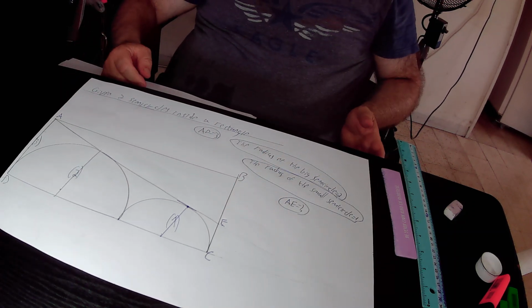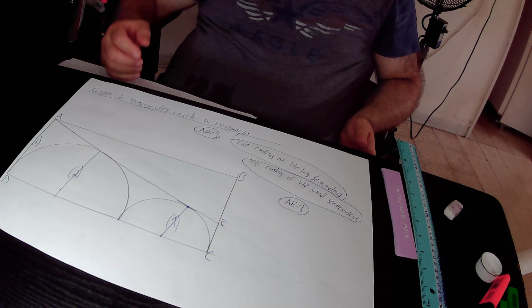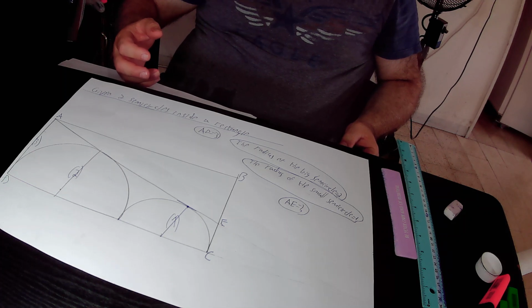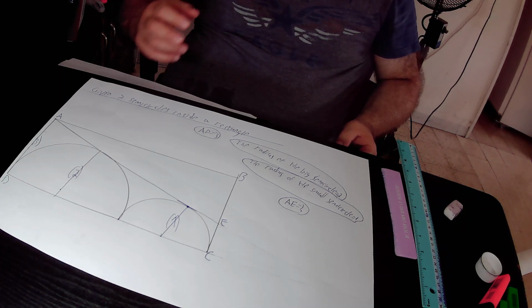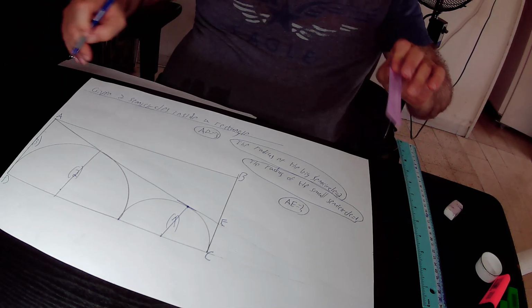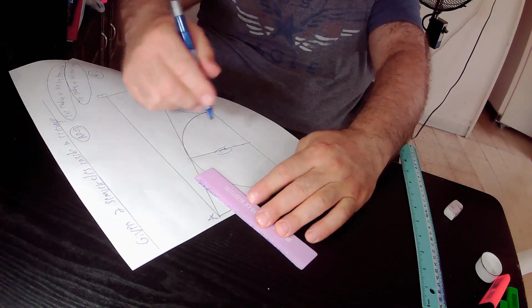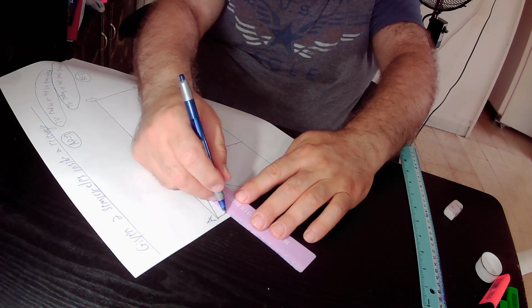So, first of all, we know that ABCD is a rectangle. And we know that all the angles inside the rectangle are right angles. So, this angle DAB is a right angle.